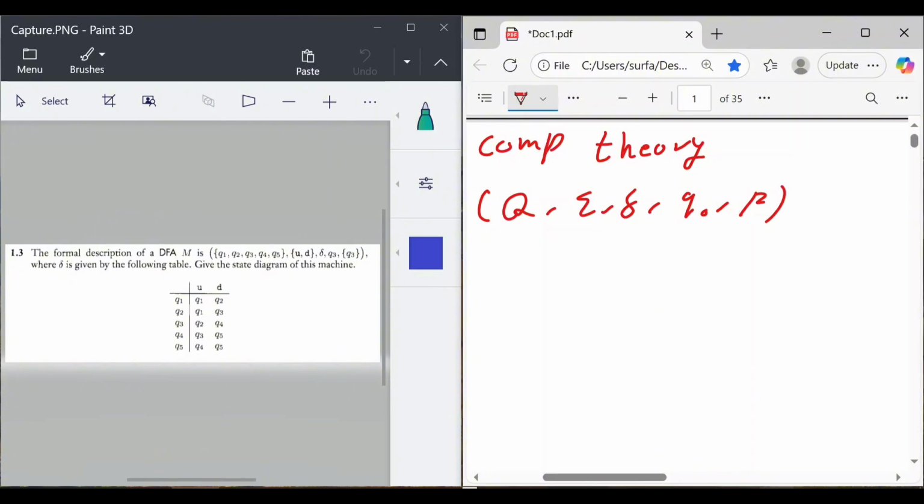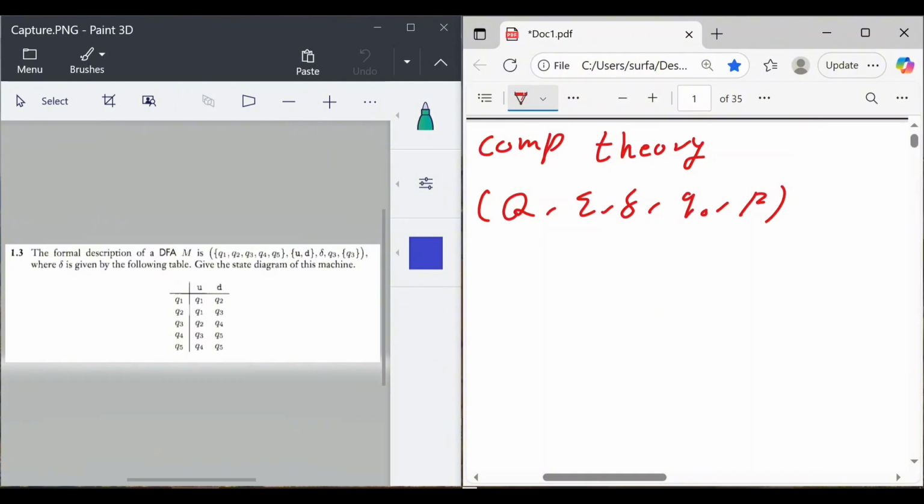And sigma is a finite set of alphabets, that here we have U and D, and our transition function is something like this. And our start state actually is Q3 here. And you have to notice this part, and our accept state is Q3, and that's it.